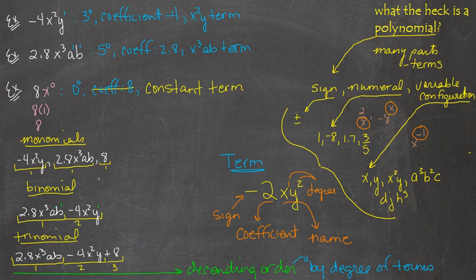So we've already broken down the monomial based on the degree up here. So the binomial here would be called a 5-degree binomial. If I asked you to classify this number, you would say it's a 5-degree binomial because there are 2 parts, and the highest degree on one of the parts is 5. Down here, this would also be a 5-degree trinomial.